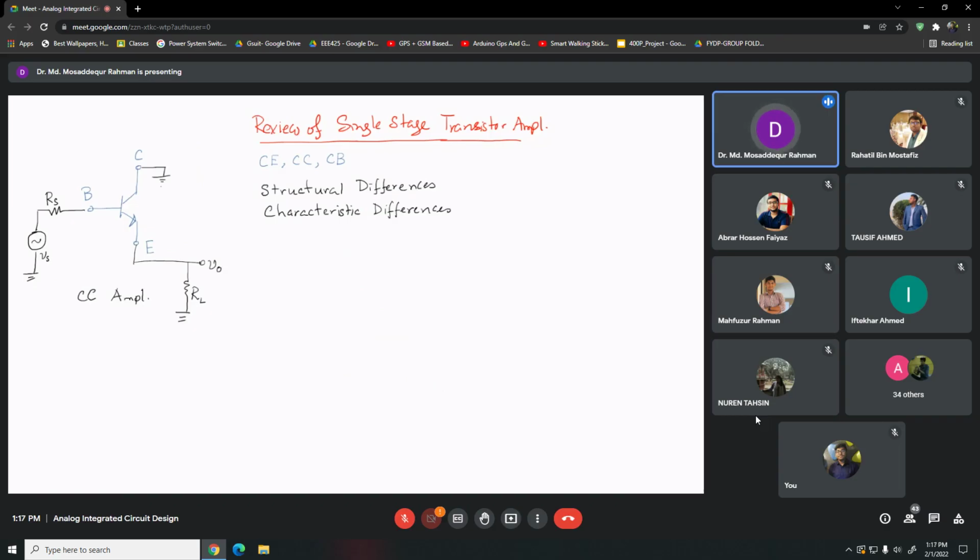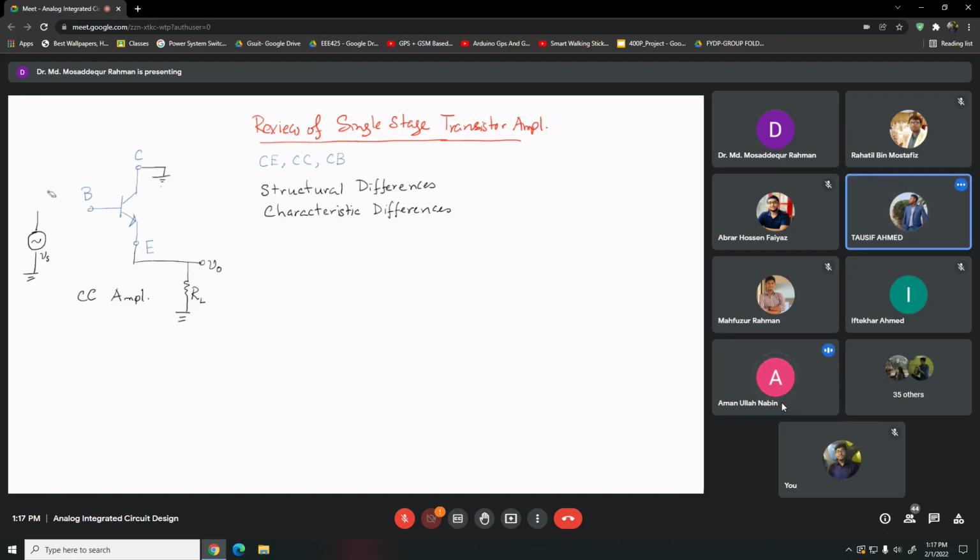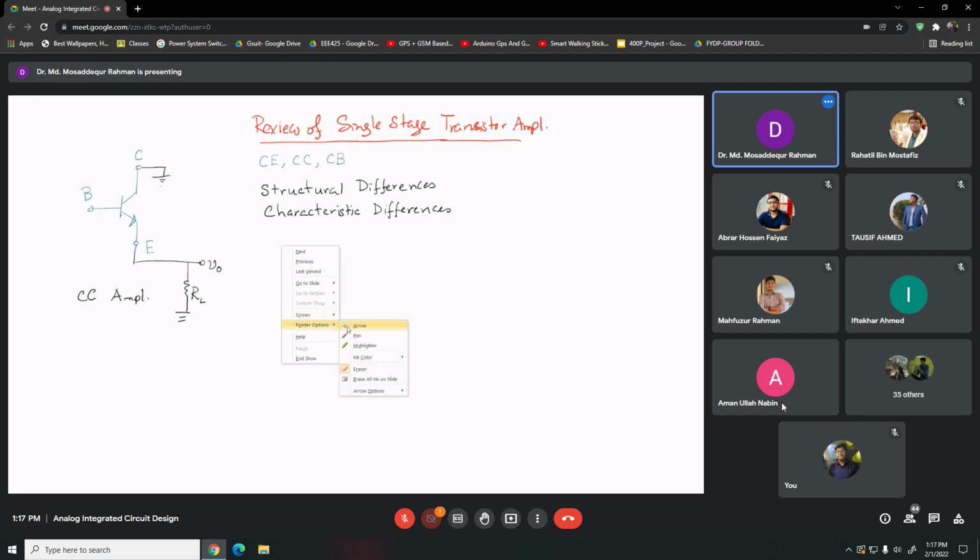And when you say common base, for common base, what do we have to do? Sir, base will be grounded, sir. Base will be grounded, right? So common base will be grounded. And where do we apply the input? Sir, emitter.